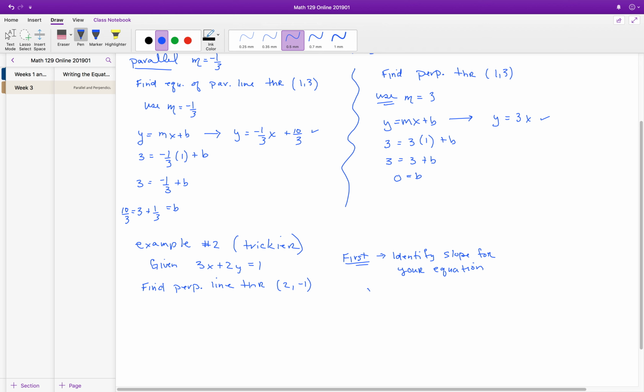So we need to rewrite the given line in y equals mx plus b form, and then we can determine the slope. If the given line is 3x plus 2y equals 1, then we have 2y equals negative 3x plus 1, so dividing through by 2, we have negative 3/2 x plus 1/2.